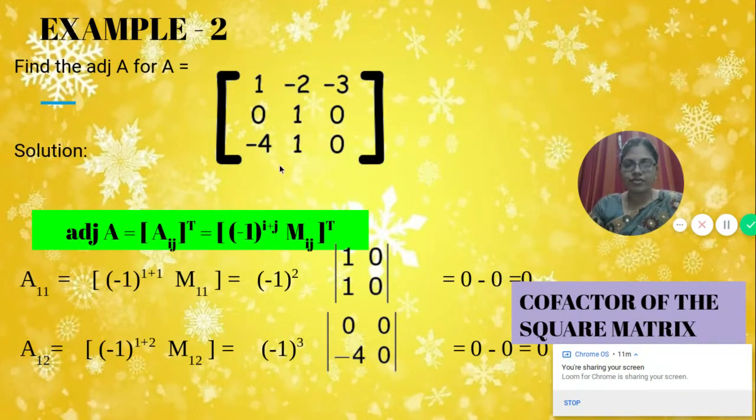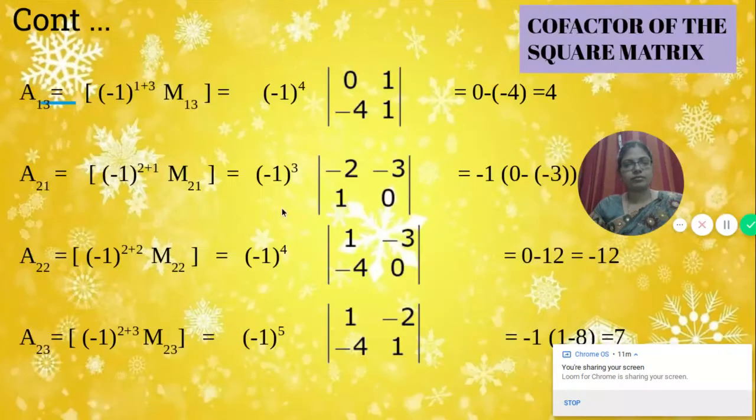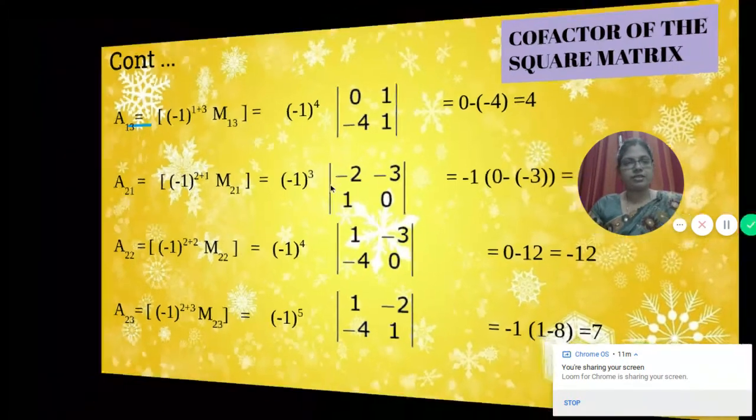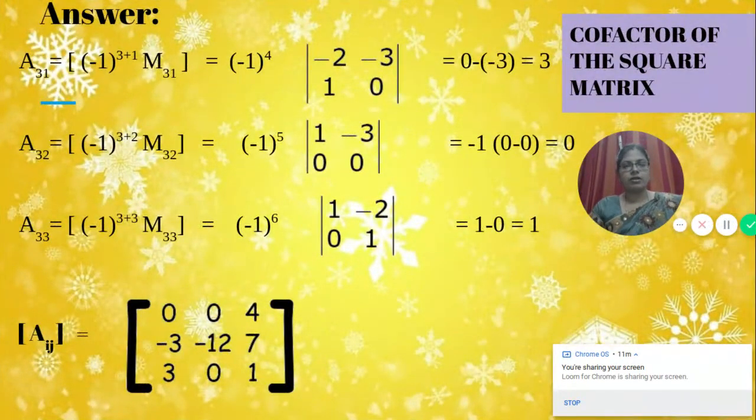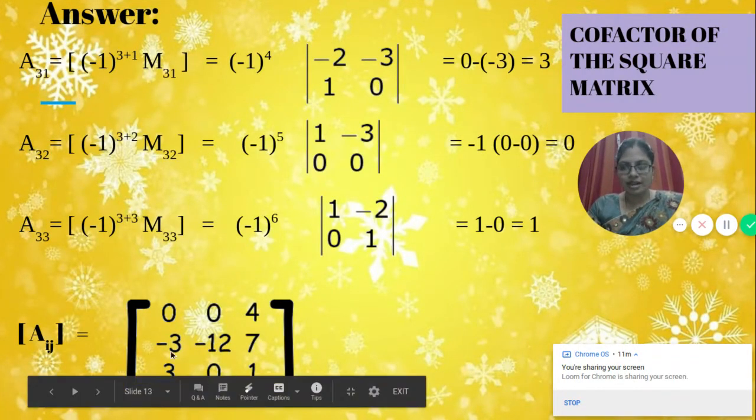In a similar way, we have to find the cofactor of each element in this matrix, that is for minus 2, minus 3, 0, 1, 0, minus 4, 1, 0. Here we have found the cofactors of the other elements. We have found all the elements and put them in matrix form.